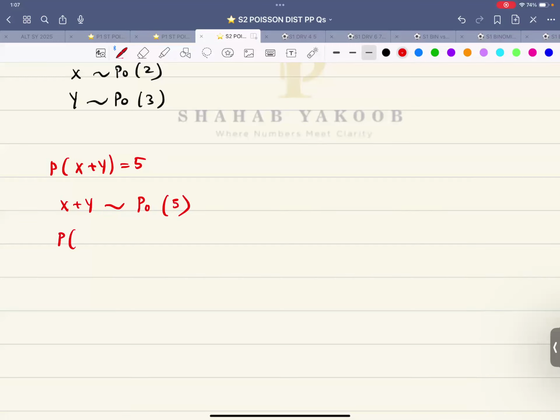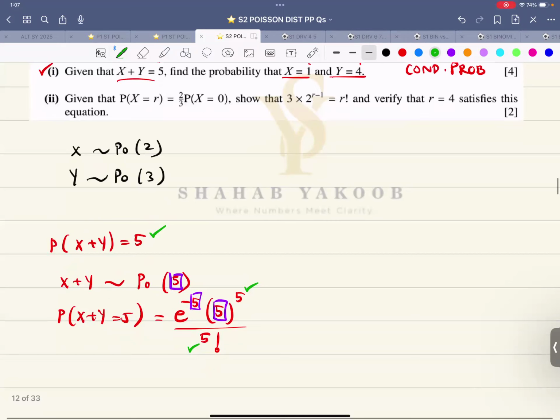And probability X plus Y equals 5 is e raised to the power of negative 5, 5 raised to the power of 5 over 5 factorial. This 5 over here, the lambda, that is this 5, and this 5 over here, this one, and this one, is the one that's used in the calculation.